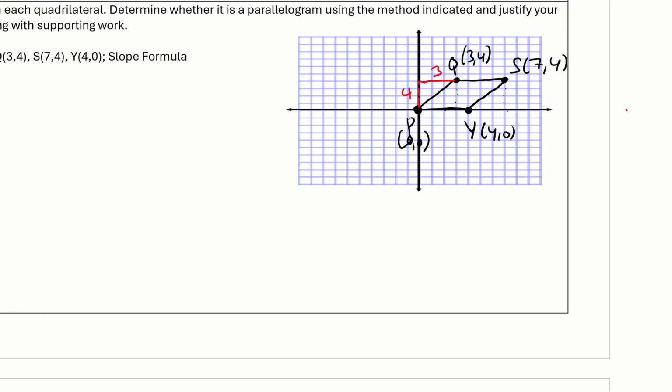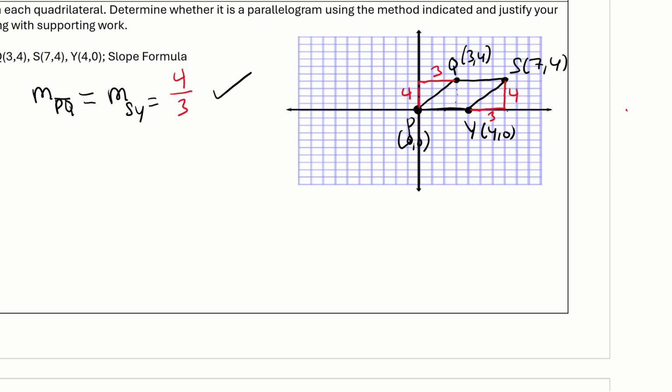Same thing over here: it also goes up 4 over 3. So it looks like those two have the same slope. The slope of PQ is the same as the slope of SR, which is rise over run. Okay, that's good so far.